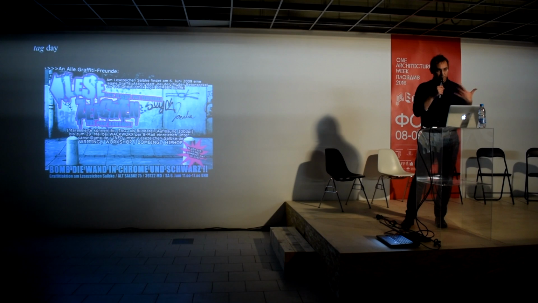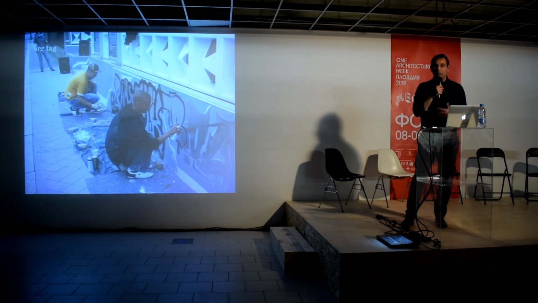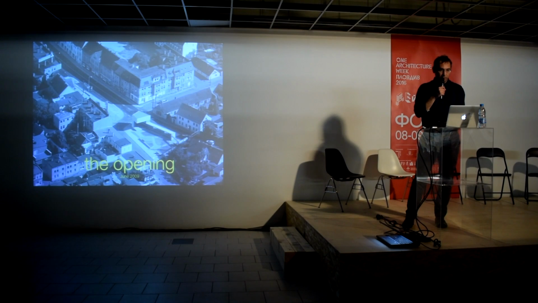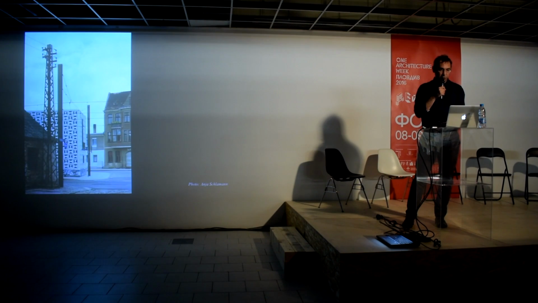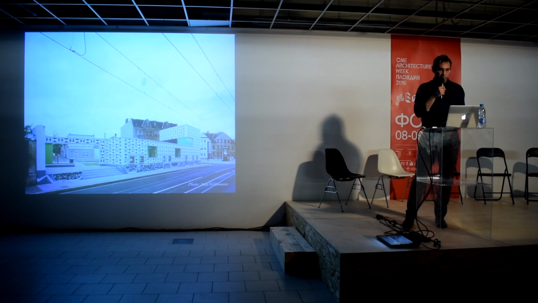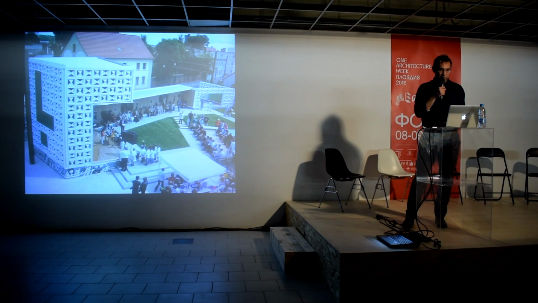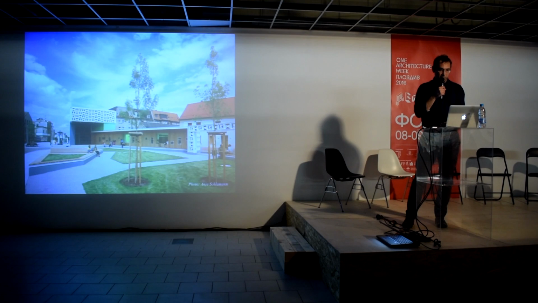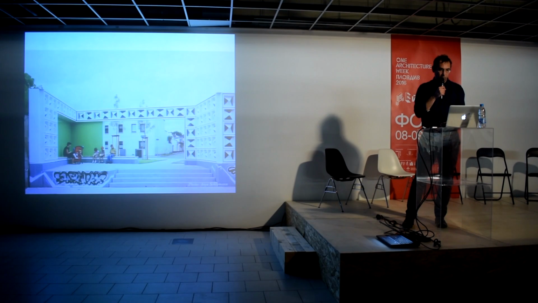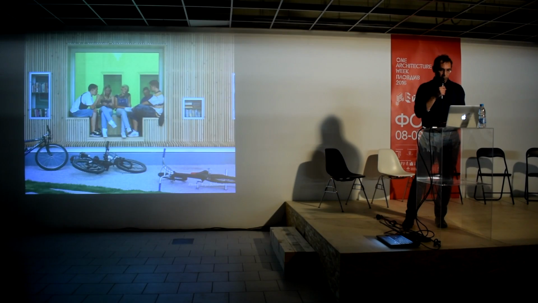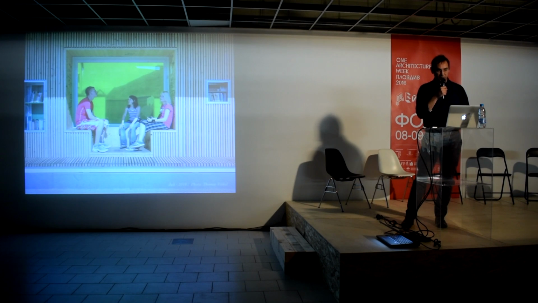But again, ping pong, so we developed a kind of graffiti weekend and invited the scene from Magdeburg to design the foundation. So then the opening; this is how the object looked when it was finished. And also the youth was coming in, but not for reading, they really appropriated the site.